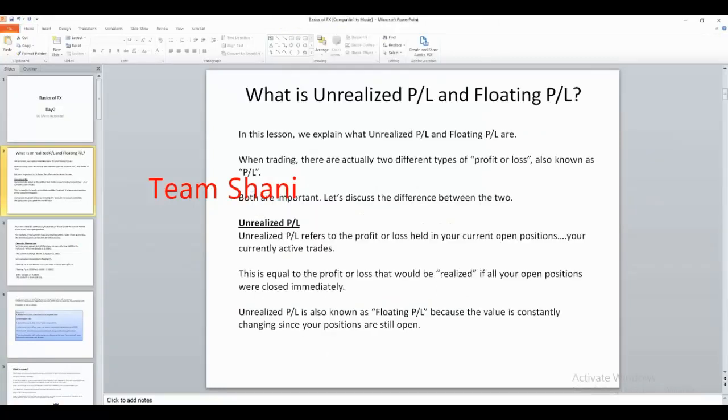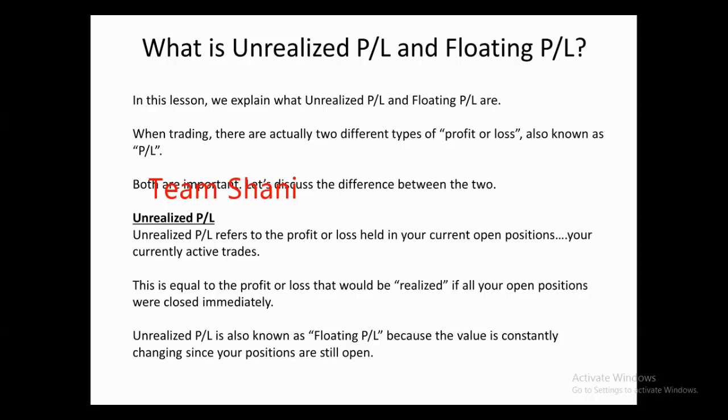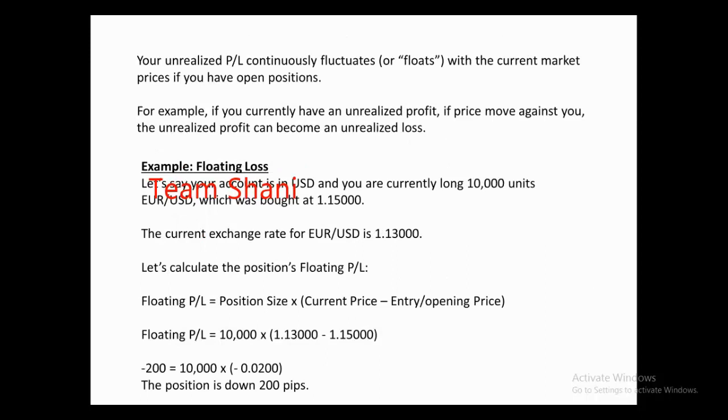So last week I covered unrealized profit and floating profit and loss. Just a quick one. Unrealized profit is the profit where your trades are currently active. When you open a trade and you have not closed it, it's still floating, and it's unrealized profit. Floating profit and loss, on the other hand, is a completely different thing in the sense that you calculate the profit and loss with a different formula.